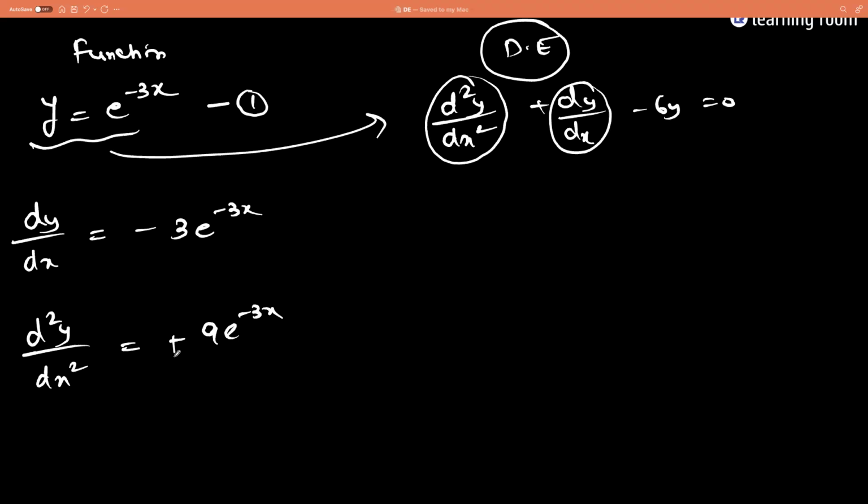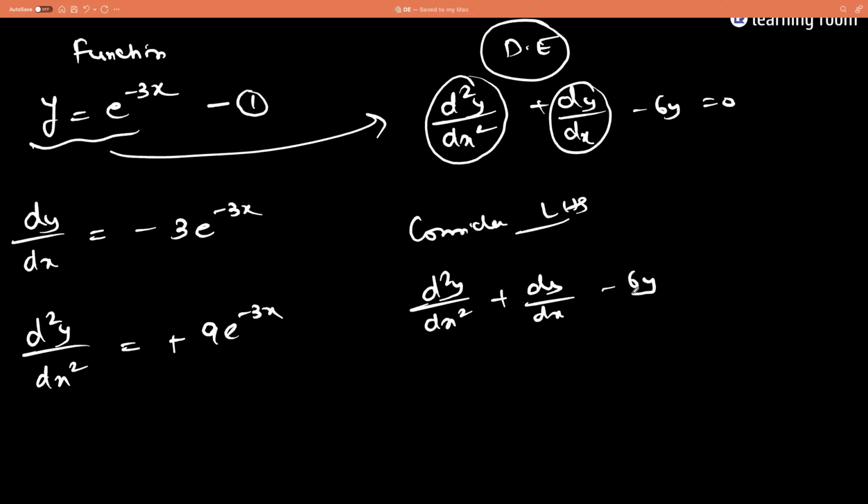So what you will do is consider LHS, that is d square y by dx square plus dy by dx minus 6y. So d square y by dx square is 9 e power minus 3x plus what is dy by dx? Minus 3 e power minus 3x minus 6 into what is y?